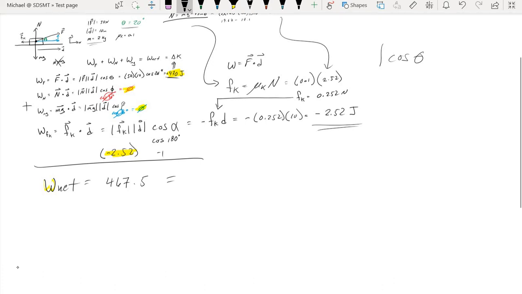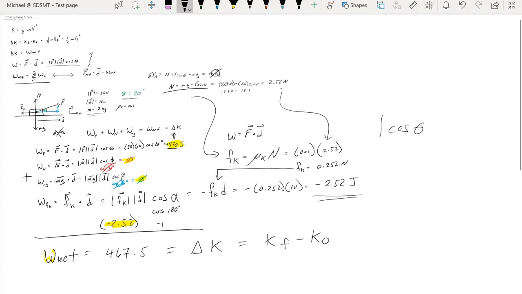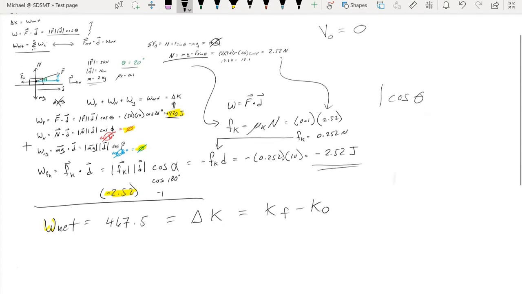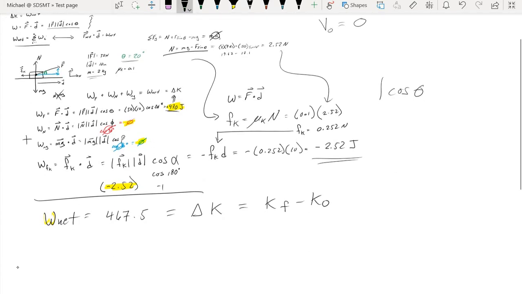The net work is responsible for any change in kinetic energy for the system. Now, I erased it, but if we still want to work off of the impression that this mass started from 0, then we can say that the initial kinetic energy was still 0.